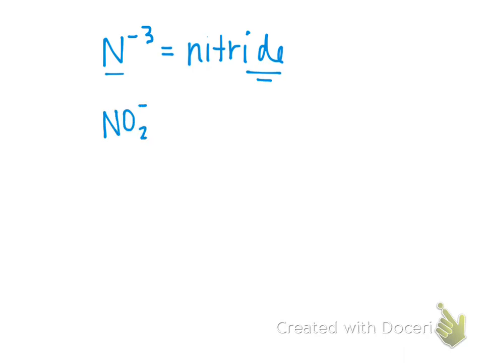So I want you to kind of look through this sequence. N with a -3 charge is called what? Nitride. Nitride. Okay, so an -ide means it's an element by itself. NO2 minus 1 is called nitrite. NO3 minus 1 is called, you don't necessarily have to write this down, sorry.